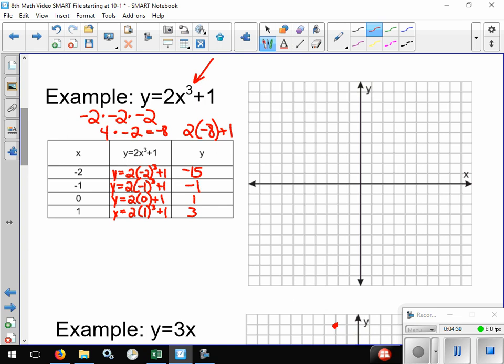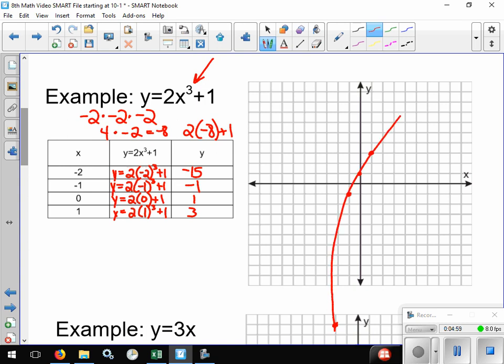And then we're at negative 1, and we're going to go down to negative 1. So you can see how quickly this graph is changing. And then we're at 0 and positive 1. And then we're at 1 and positive 3. So this graph is like this.